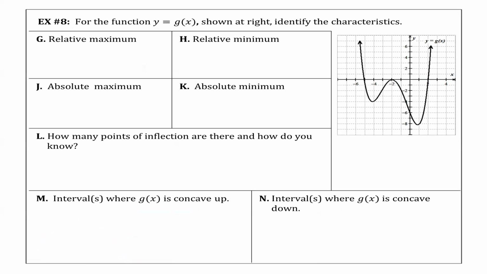And then you're going through how many points of inflection. I didn't say find them. Just tell me how many there are and why. And then where is it concave up and concave down? That's where you're going to have to tell me my points of inflection, right? You can't tell me where it's concave up and concave down without telling me the point of inflection. Got it?